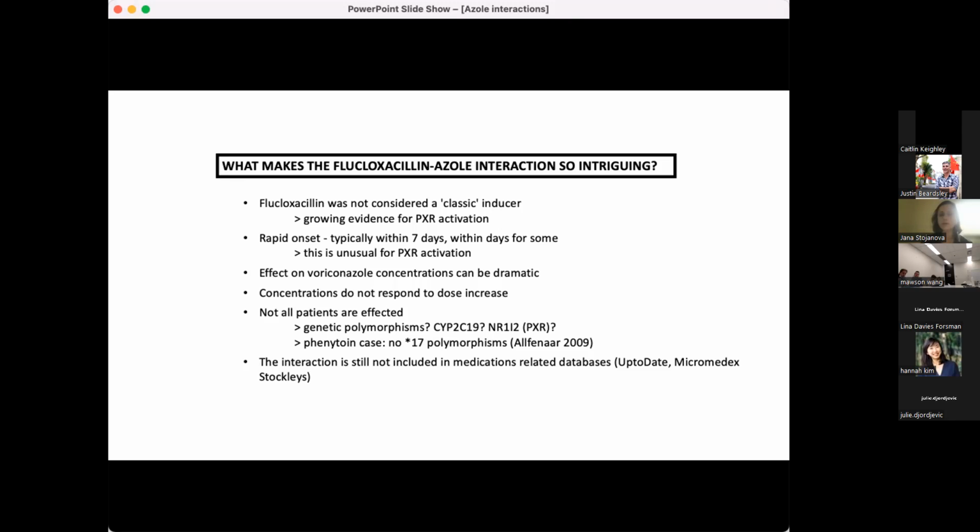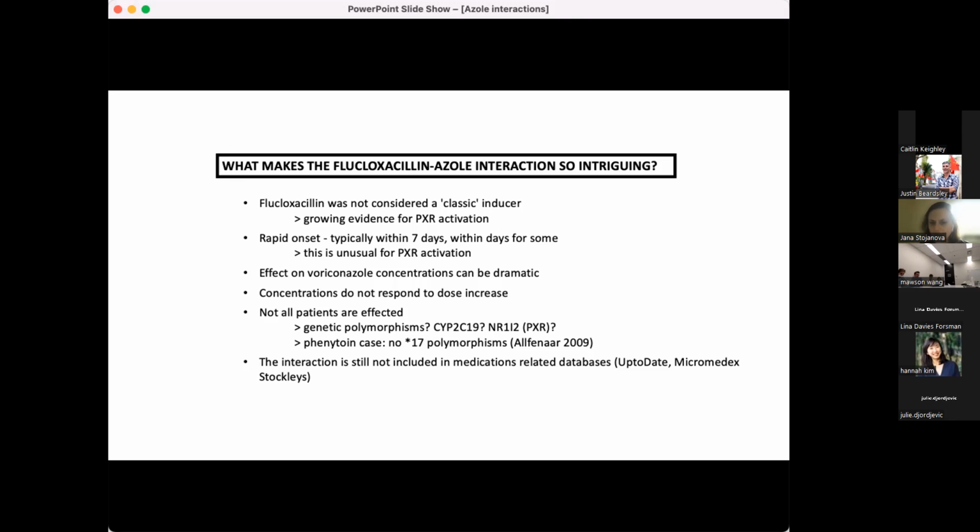It is involved in transcription and therefore might be the reason why we're seeing this in the scenario of having a transcription factor like PXR inducing the expression of this gene. But it could also be related to genetic polymorphisms in NR1I2, which is the PXR gene. But just to note that of the phenytoin cases I presented earlier, only one was genotyped and was not found to carry this *17 polymorphism.